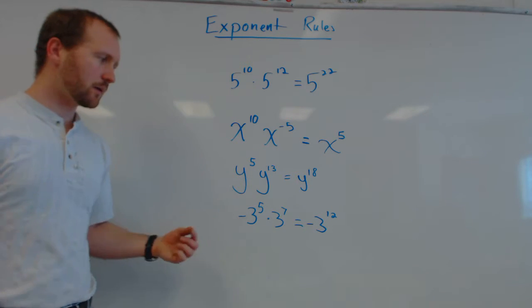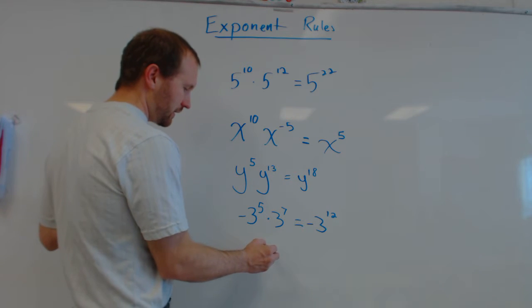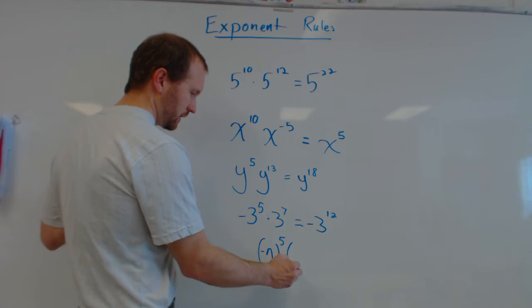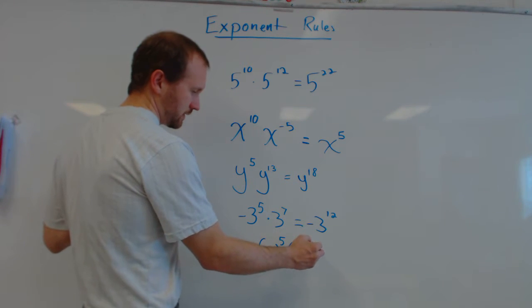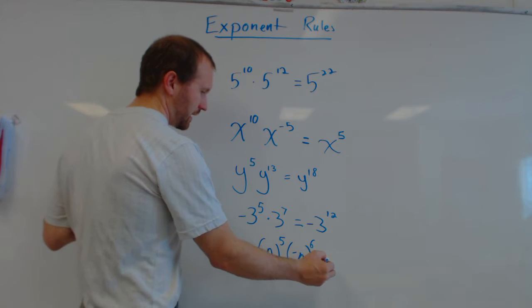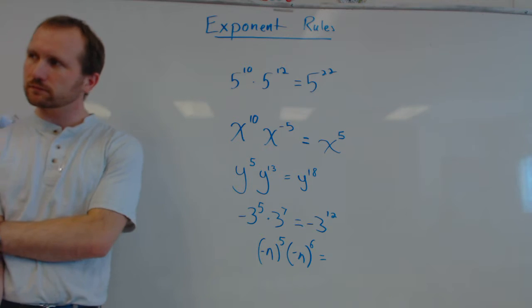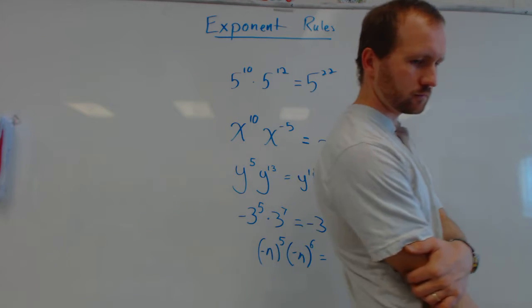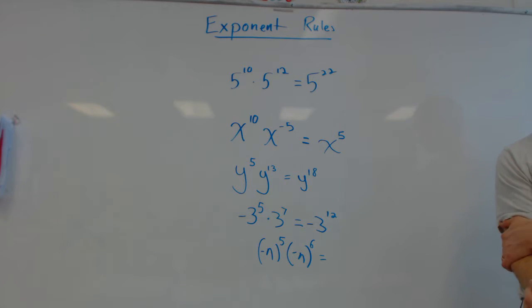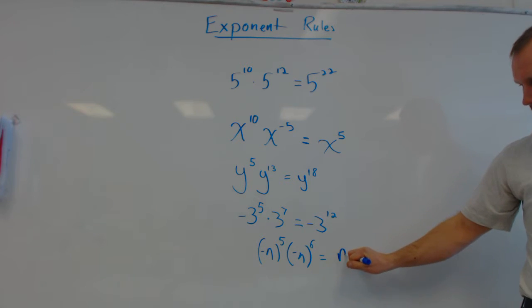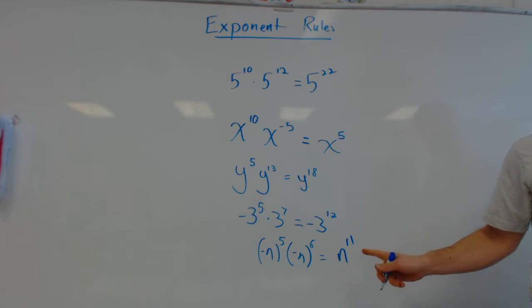What if I had this though? Negative n to the 5th times negative n to the 6th. What would that be? Would it just be that?